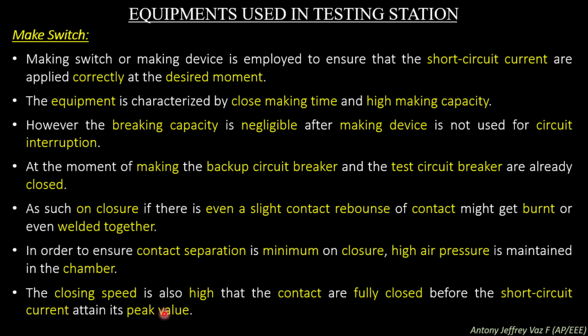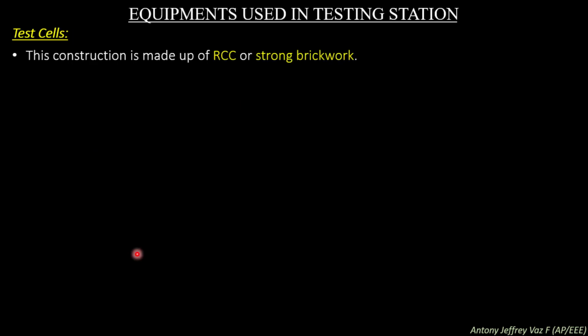The speed of moving the contacts during closing is very high, because if a contact bounce occurs, the metals will get welded. The contacts are ensured to be fully closed, and the peak value of the short circuit current will flow through the make switch.